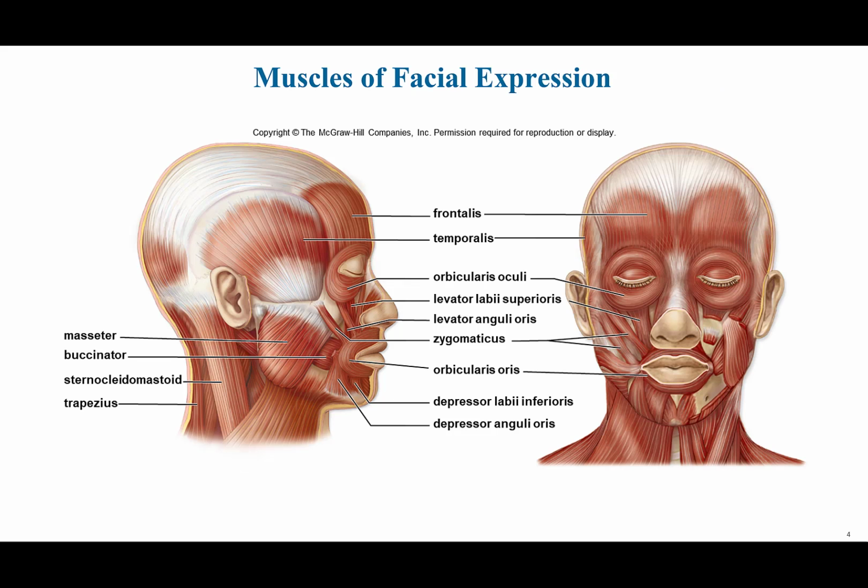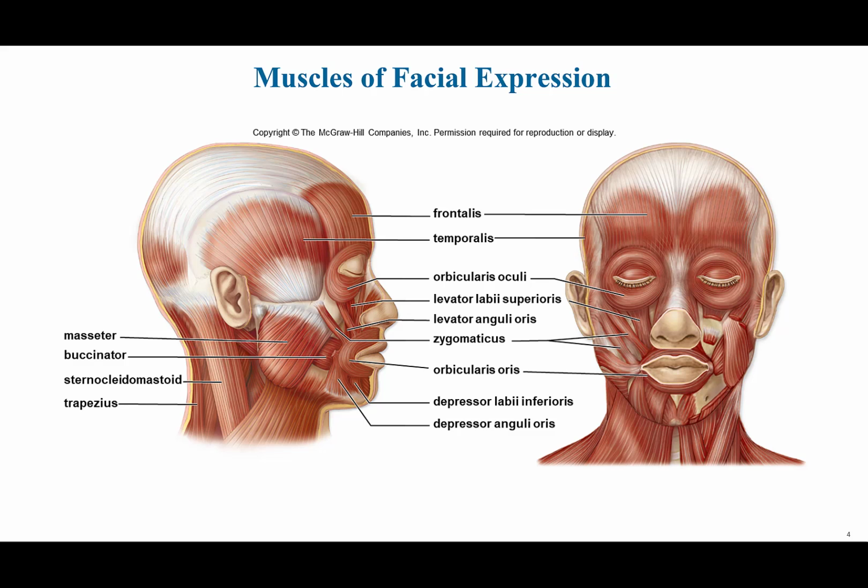Now, let's start looking at some of the muscles in our body. There's a lot, obviously, but I select out some of the more obvious and important ones for this class. First, let's look at muscles of your face.